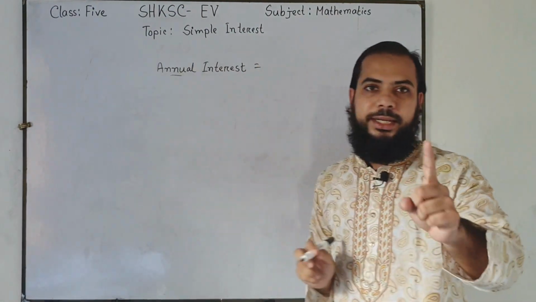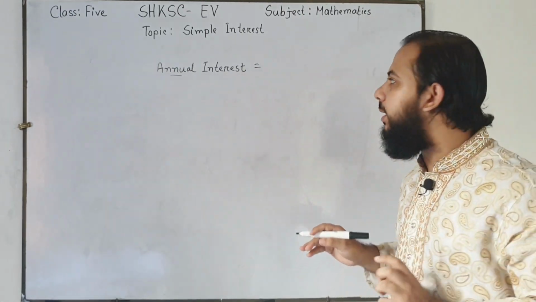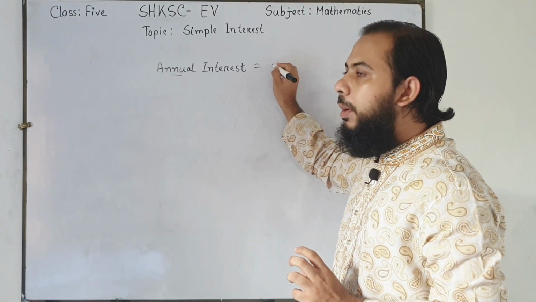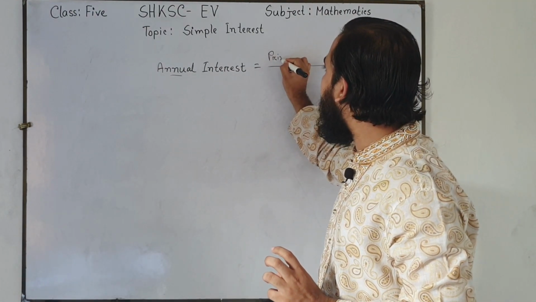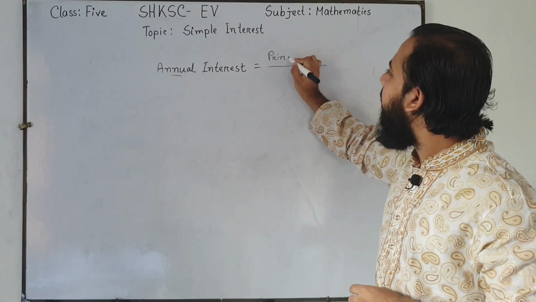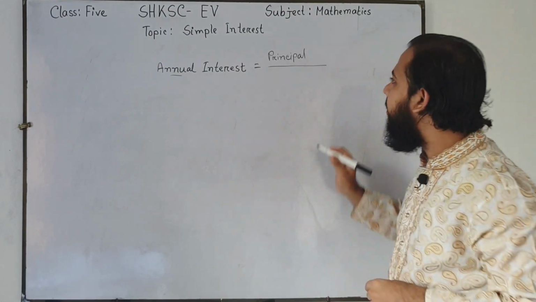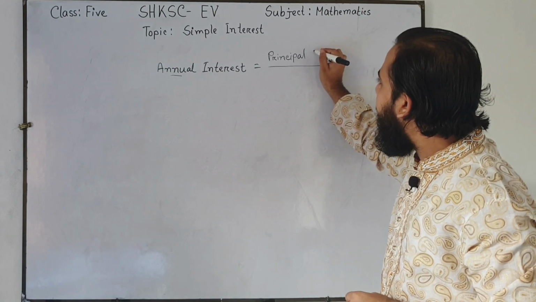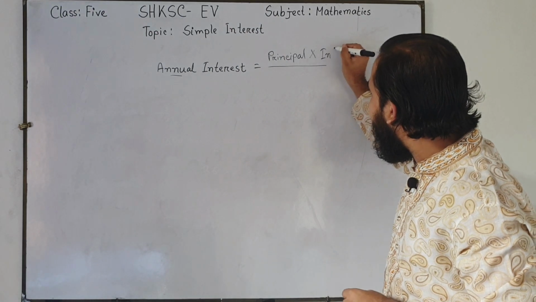Annual means 1 year. So after 1 year, the amount of the interest will be the principal amount which you have borrowed from the bank, multiplied by the interest rate.